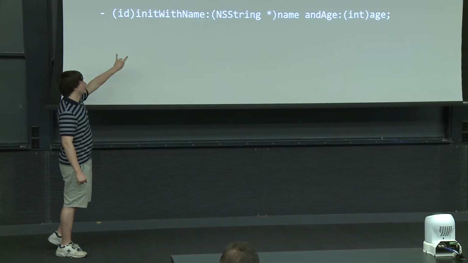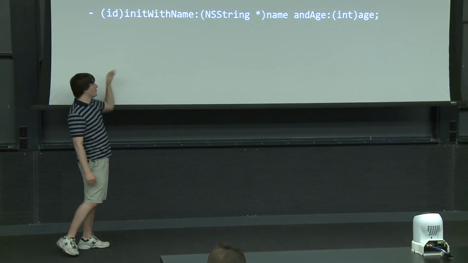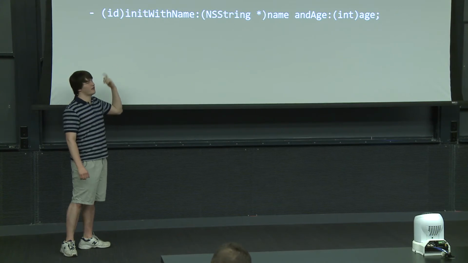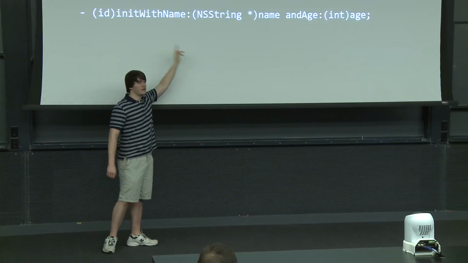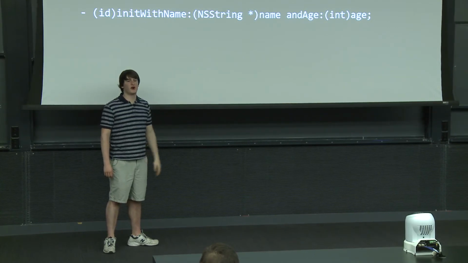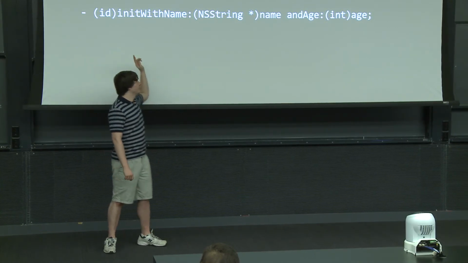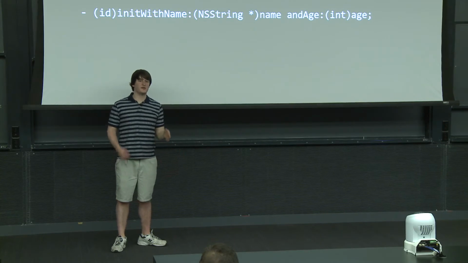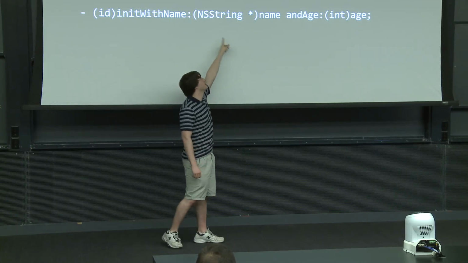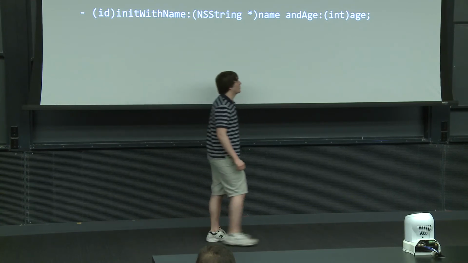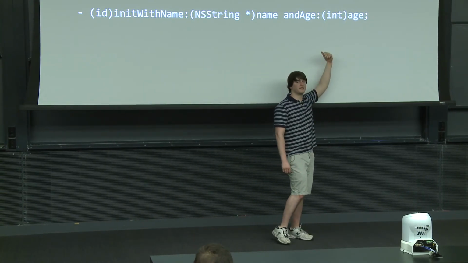Then the convention is that you're going to init, and then with is also pretty much the convention. You can count the colons to determine the number of arguments to a function. So here we see 2 colons. That means there are going to be 2 arguments. The first argument is called name and is of type NSString star. The second argument is called age and is of type int.